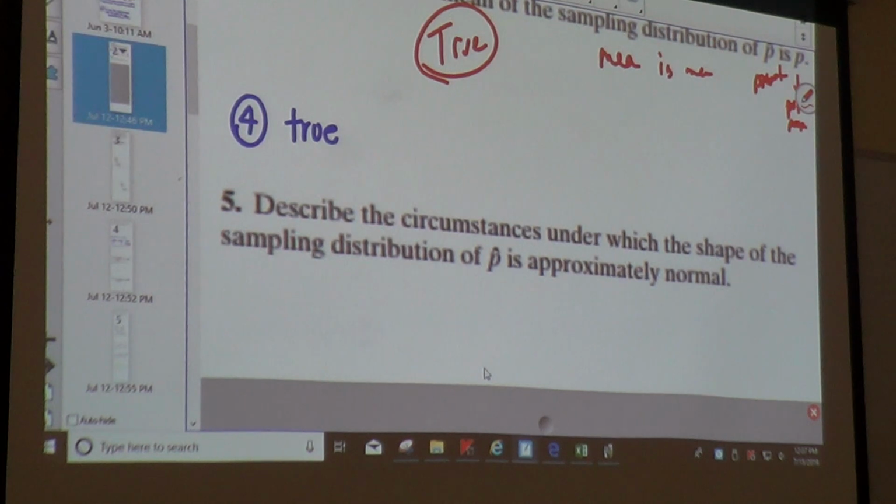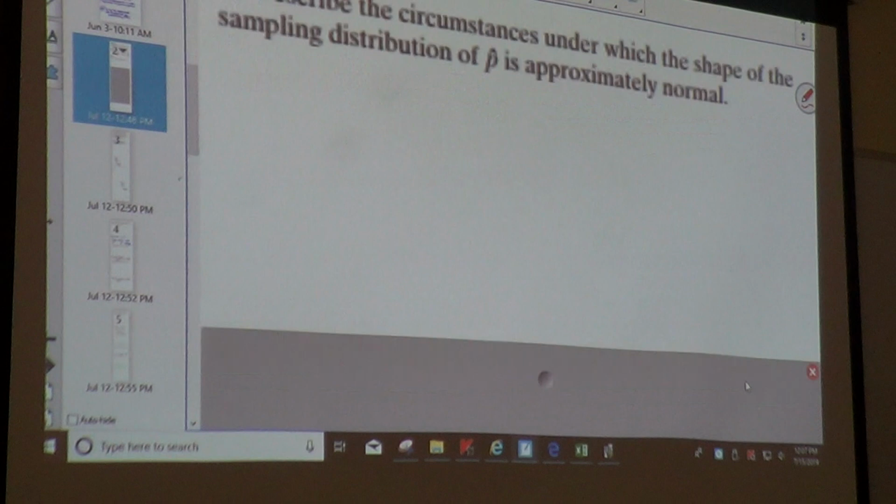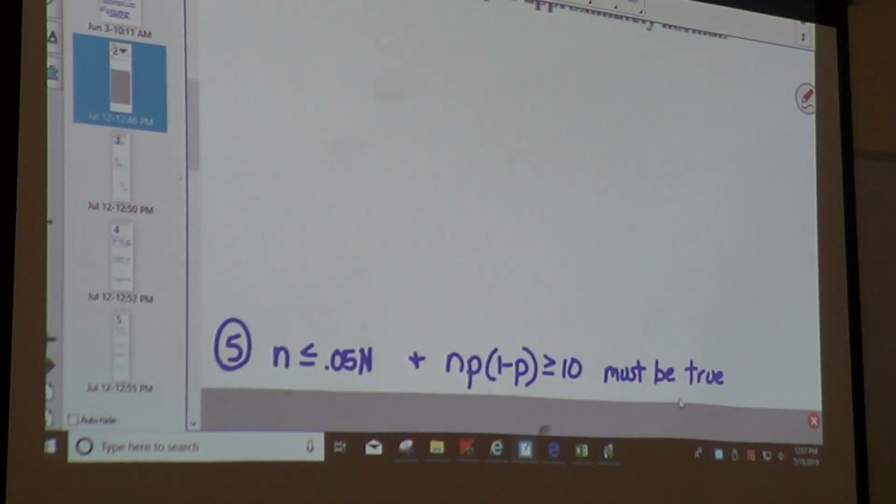Describe the circumstances under which the shape of the sampling distribution of p hat is approximately normal. So in 8.1, it was normal when you had asked about how many people? 30. So as long as we asked about 30 people in our sampling, then it was normal. Well, in this one, two things have to happen in order for it to be normal.